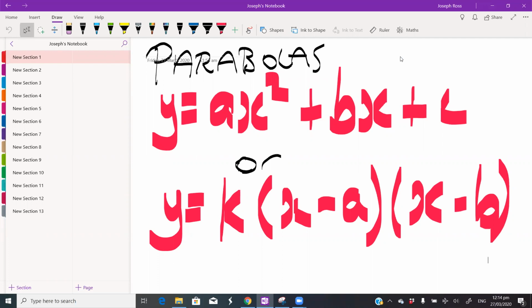For the most part, we will be working with the second equation there, because it's generally relatively easy to read the x-intercepts of the graph, which will be the values of a and b.